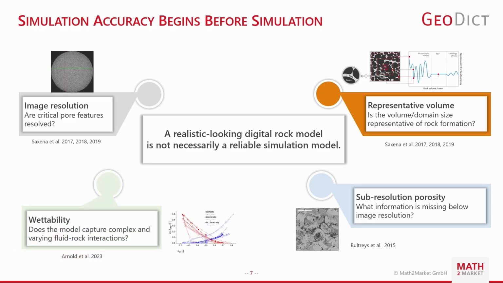And finally, the large question of rock wettability, which affects not just digital rock analysis but also conventional core analysis. The assumption of a single wettability for a rock plug may be fine, but may not be sufficient for capturing quite complex rock-fluid interactions, which can be quite diverse across the many different facies present in the reservoir rock.